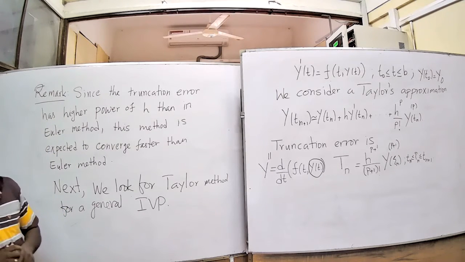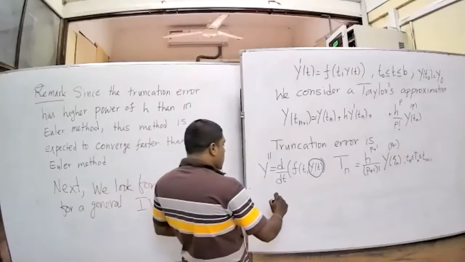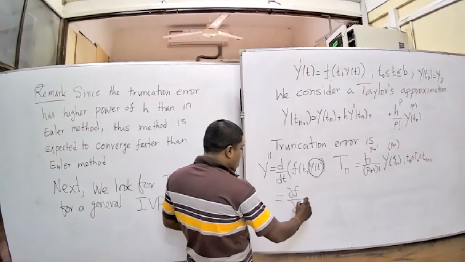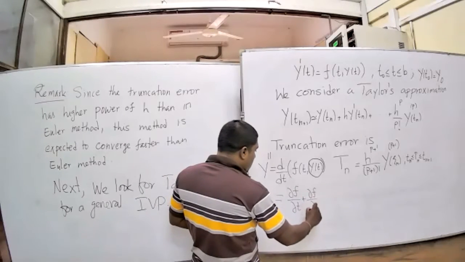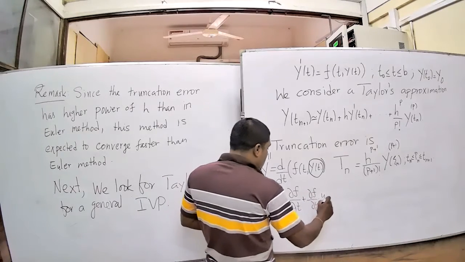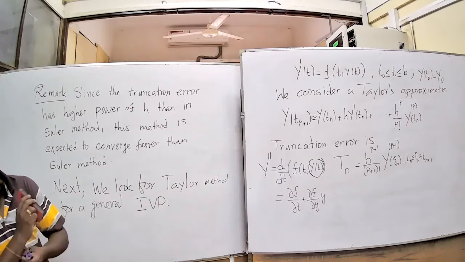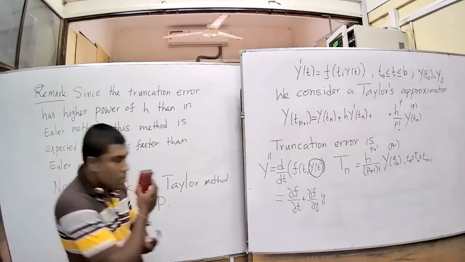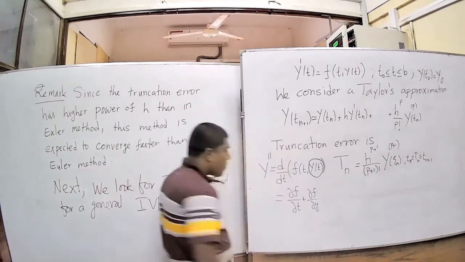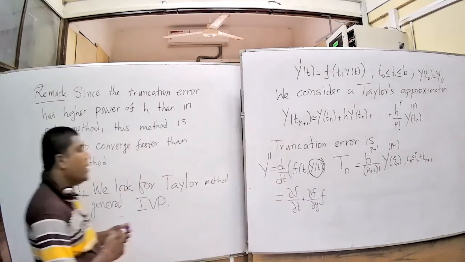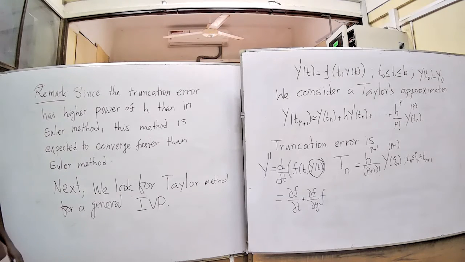When you take the derivative, it takes this form: derivative of the function with respect to y times y prime.